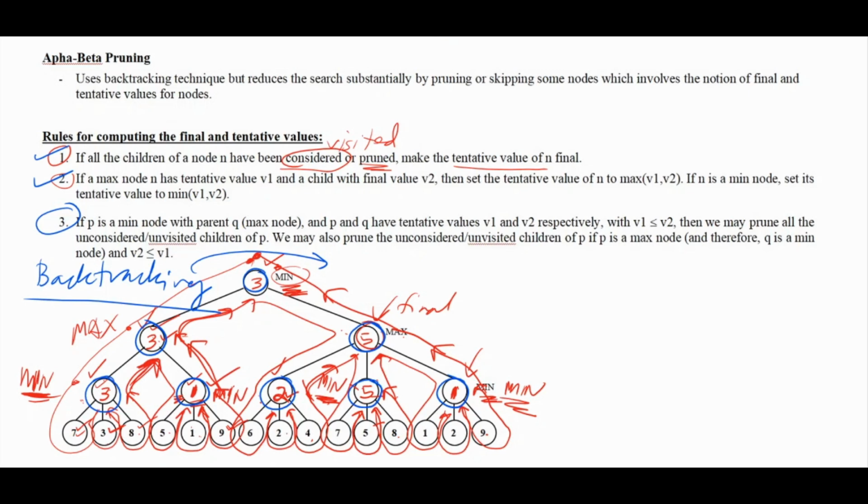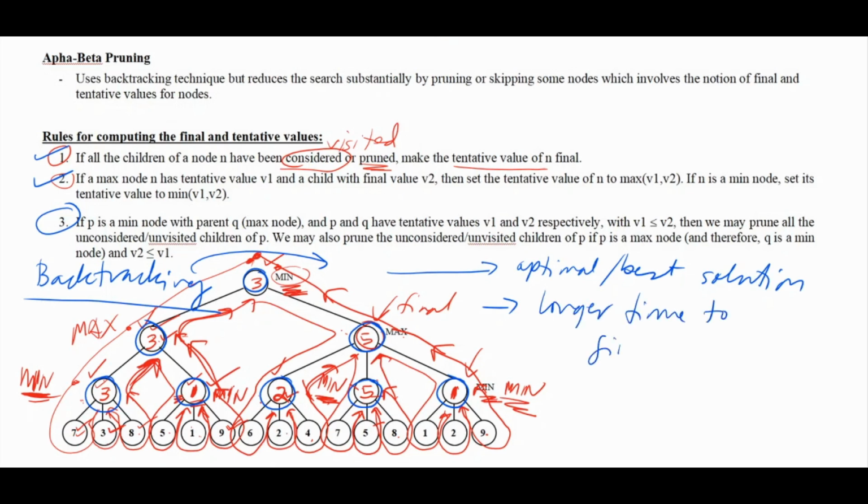And that's why we are assured that we will get the optimal or the best solution that we are looking for. But the disadvantage is that it would take us longer time to finish the process since we are required to visit all of the nodes in the tree.